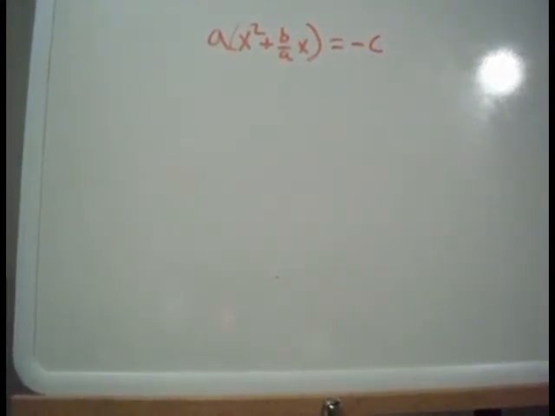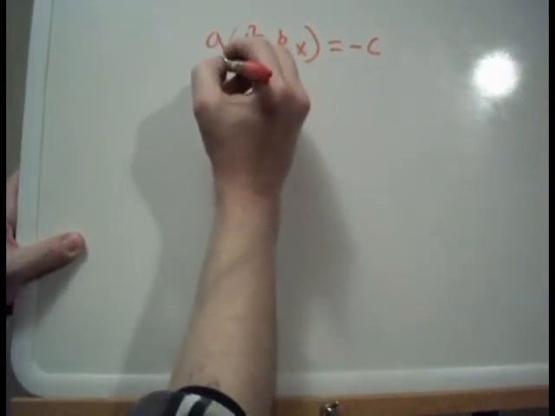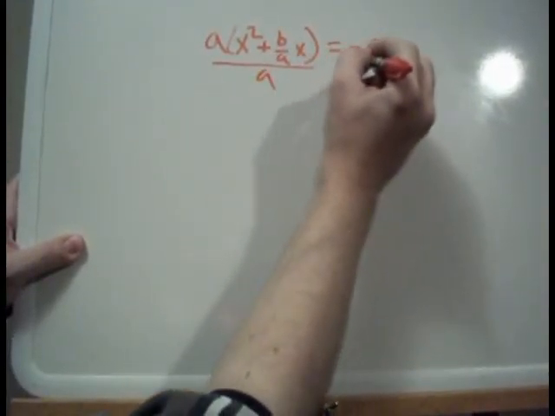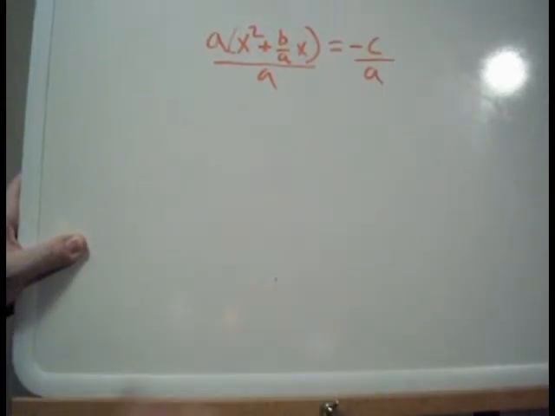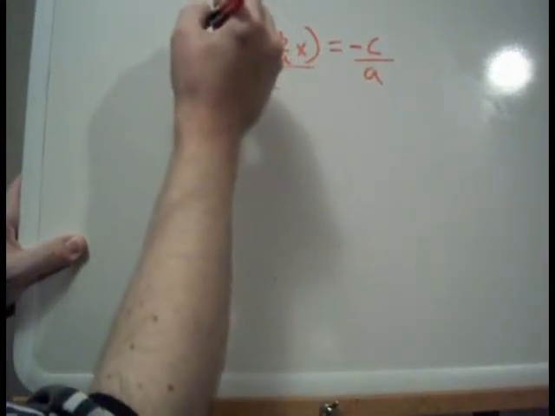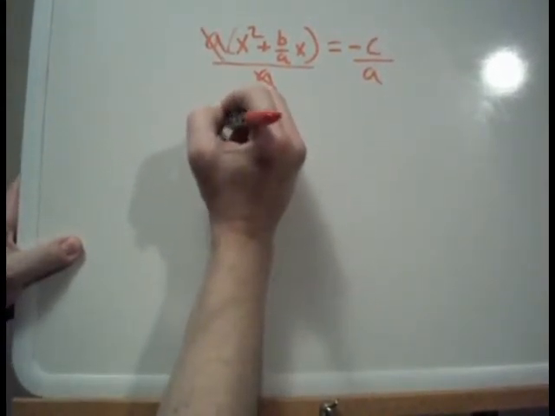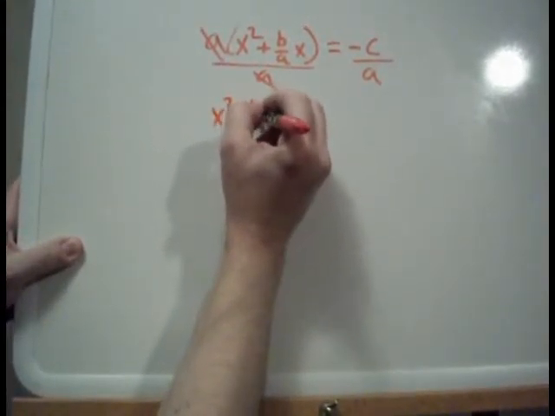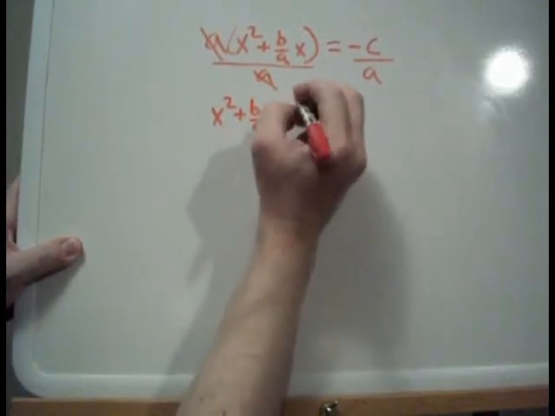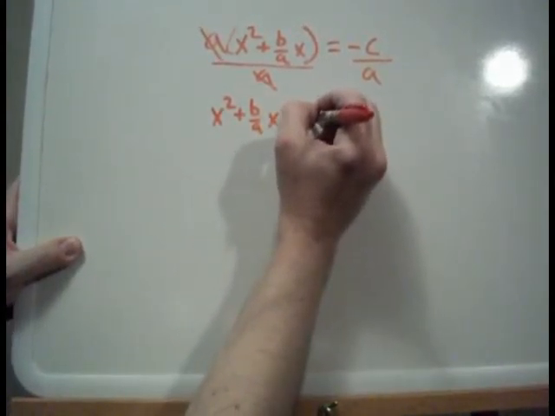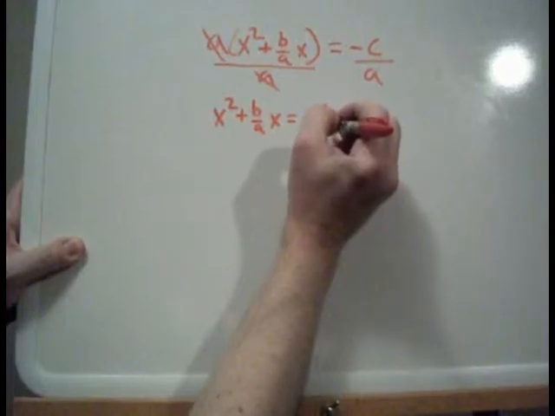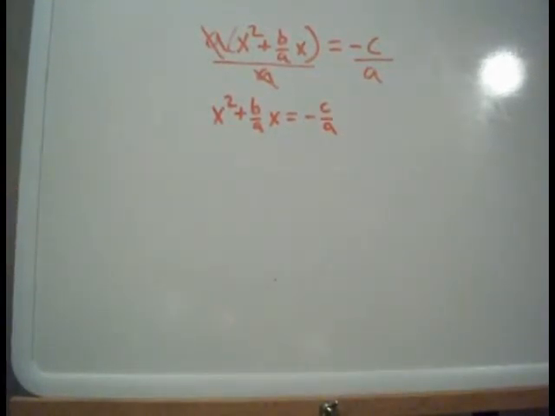I haven't changed a thing. Now we're going to divide both sides of this by a. This cancels out that, and now we have this equation. That's what we got now.